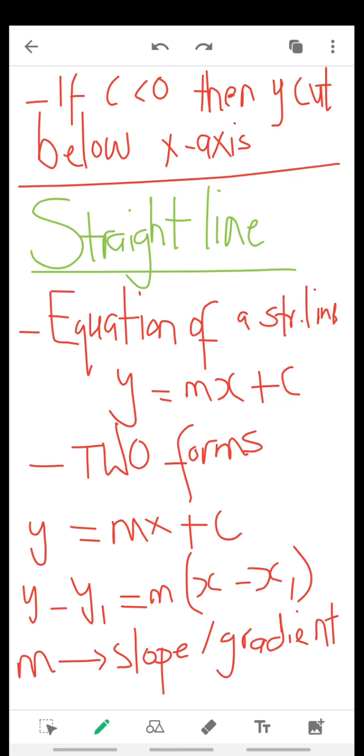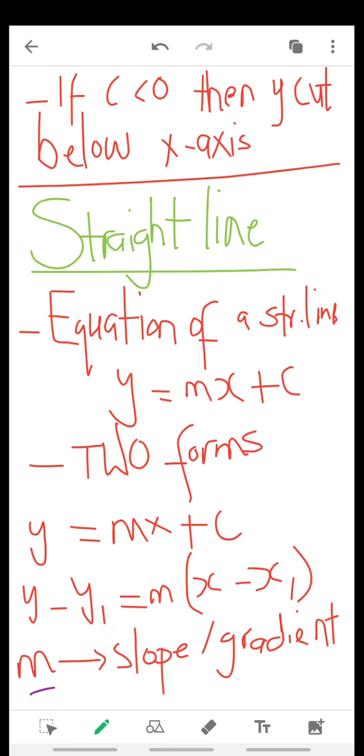Now, the two forms are, this is the first one, where you can first find the gradient, which is your m, your average gradient, and then substitute a point, then you get c. Or you can use this second form of a straight line, where y1 as well as x1 will be any point that lies on the straight line, okay?